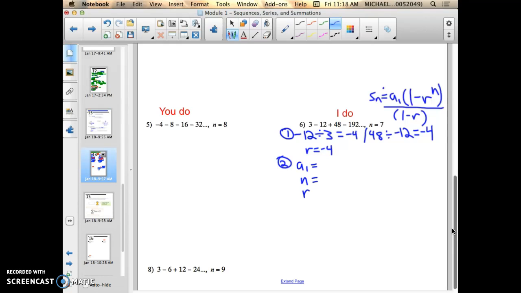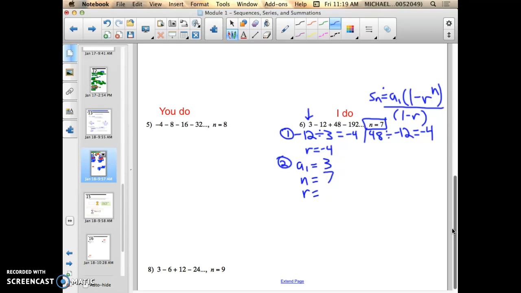And, convenient enough, I've already found all of those. I just have to identify them now. My a sub 1 is the first term listed, 3. My n is given to me, 7. So this is saying, in this series, I want to find the sum of the first 7 terms listed. All right?